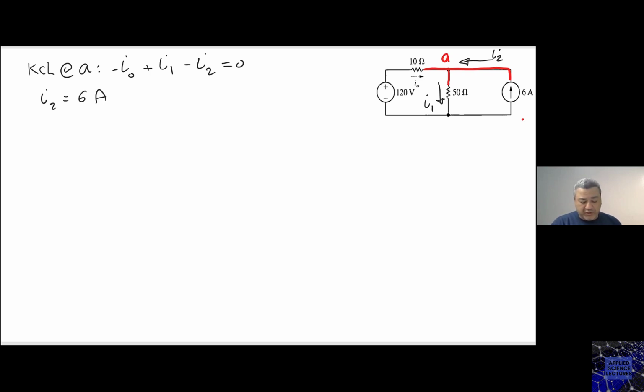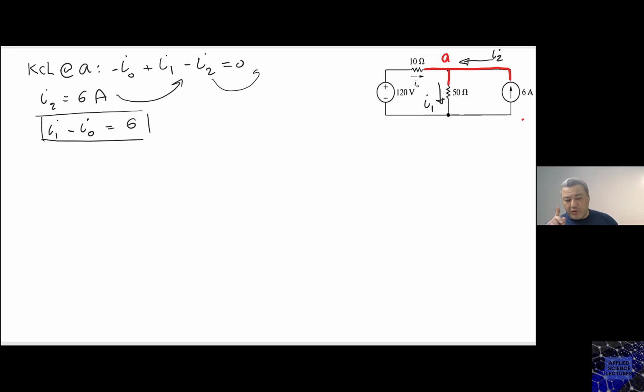So if I substitute this in here, what do I get? I get I1 minus I naught equals to I2. I'll move it to the second side of the equation, becomes 6. So I have now my first equation from the KCL.